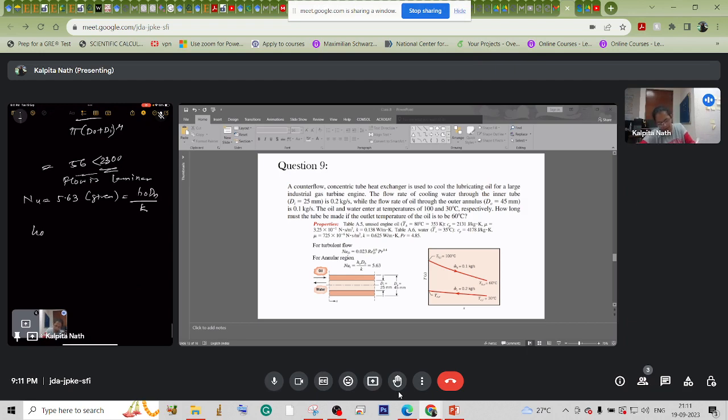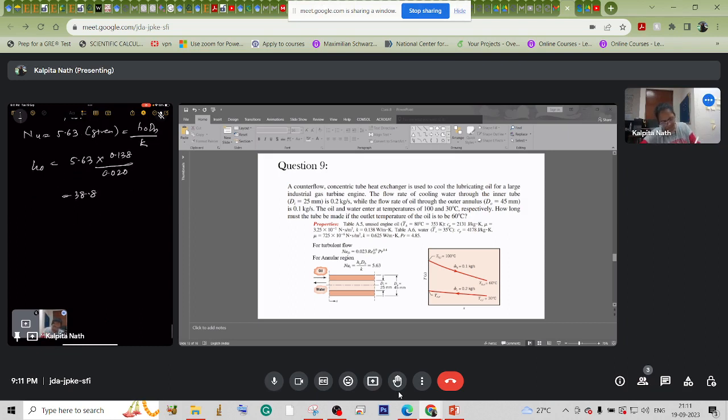H naught will be 5.63 into 0.138 upon 0.020, which is 38.8. So the overall heat transfer coefficient is 1 upon (1 upon 2250 plus 1 upon 38.8), which is 38.1 watt per meter square Kelvin.